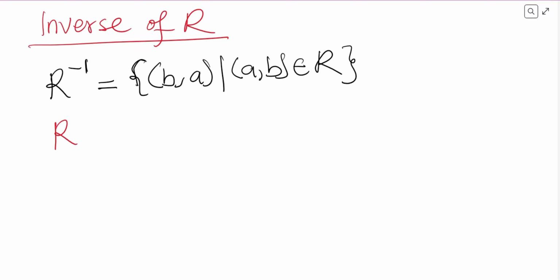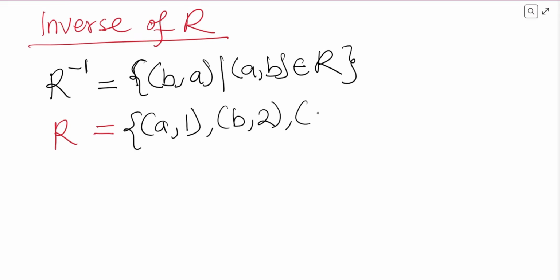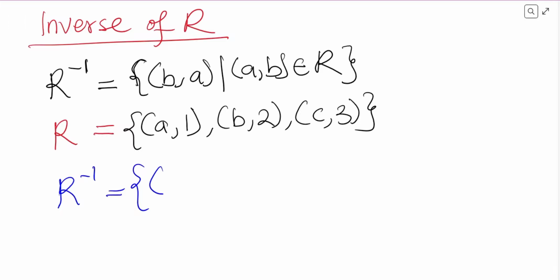So assuming we have a relation given as A1, B2, and C3, the inverse given by R inverse is just swapping the positions of each ordered pair.